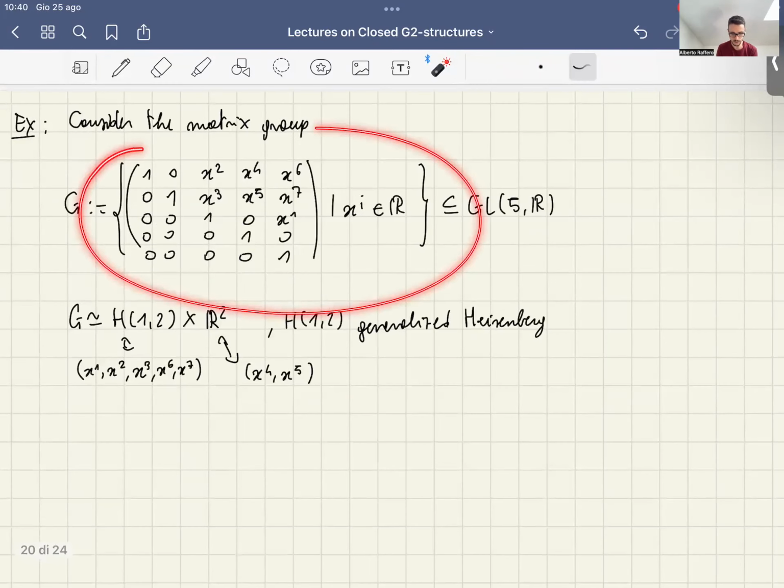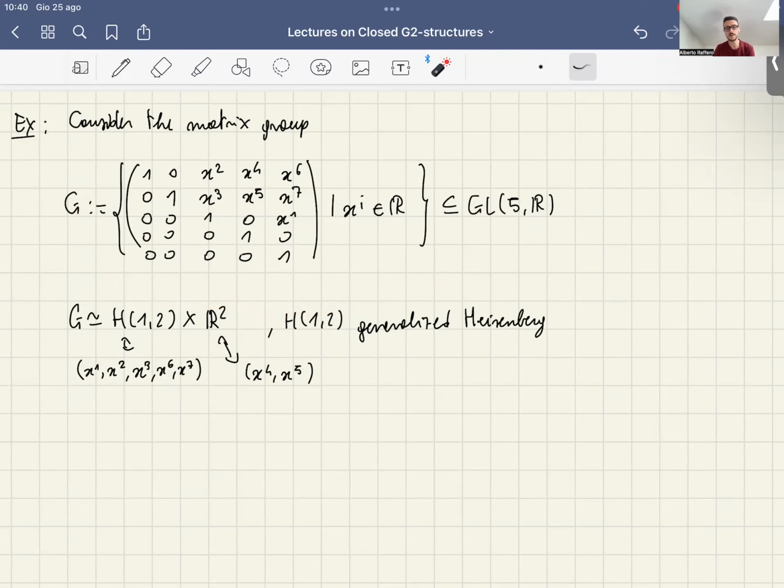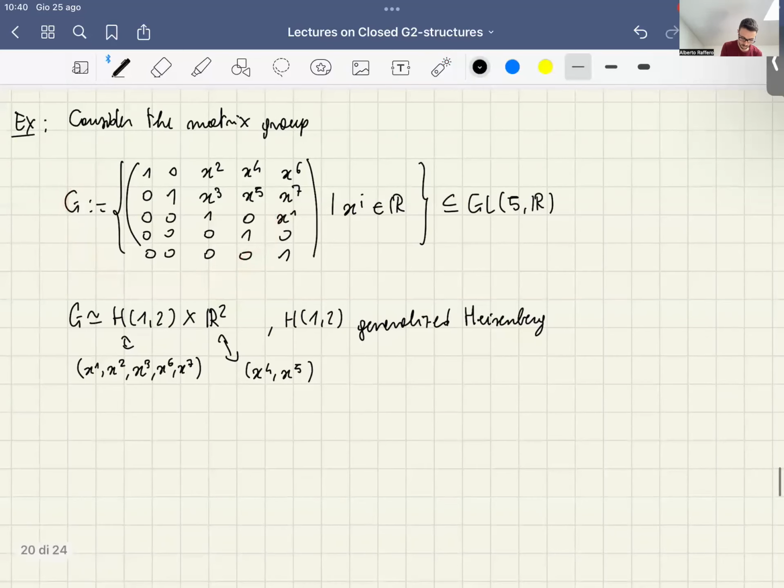Now, once you have a matrix group of this type, you can consider its Maurer-Cartan form to compute a basis of left invariant one forms on this Lie group. And so in particular, if you take a generic element, let's call it g, and do not confuse it with the metric induced by a closed structure, you compute the Maurer-Cartan form g^-1 dg.